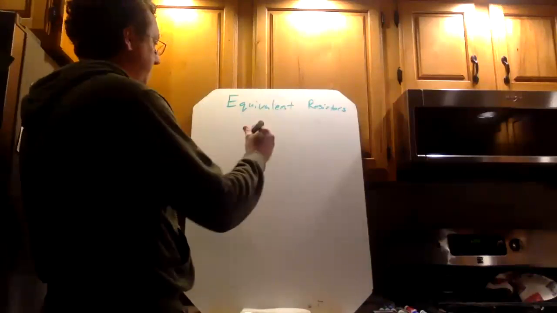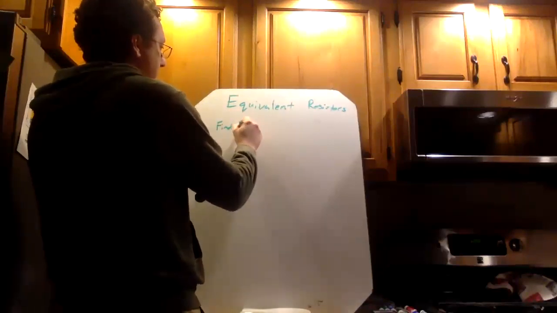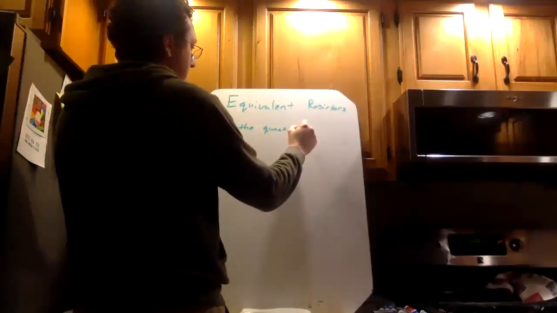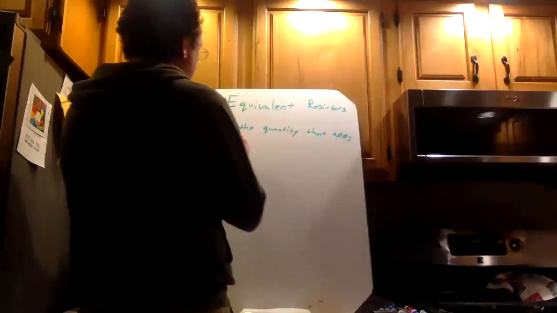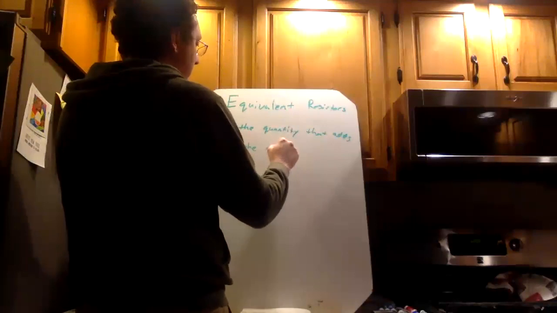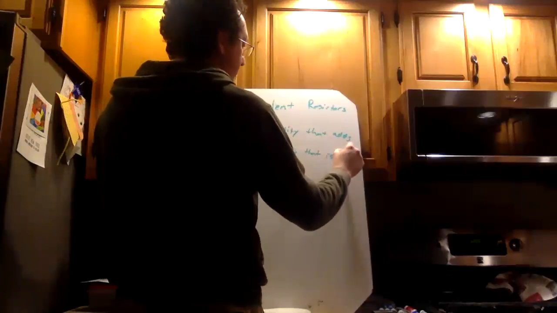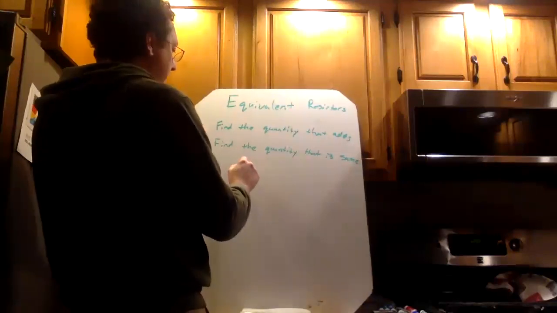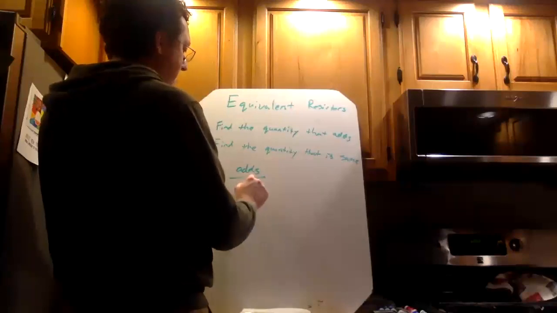And the statement is, find the quantity that adds, and find the quantity that is the same, and then take the ratio of the thing that adds divided by the thing which is the same.